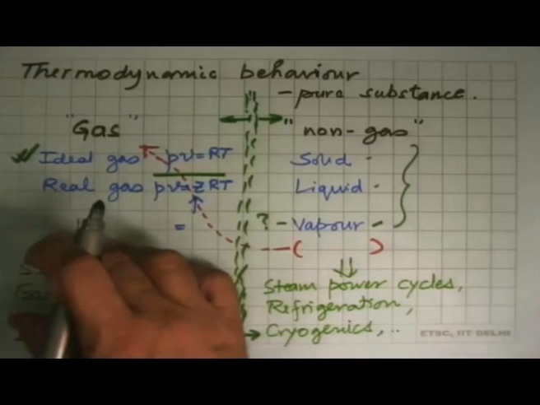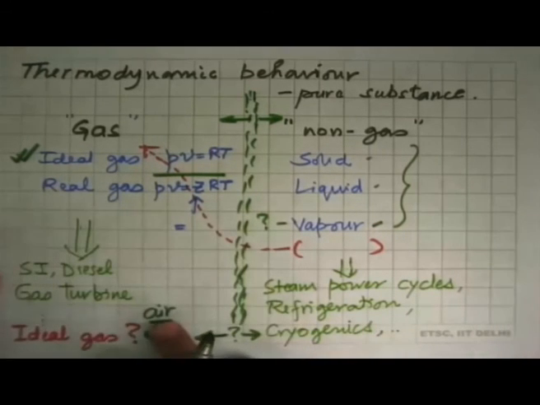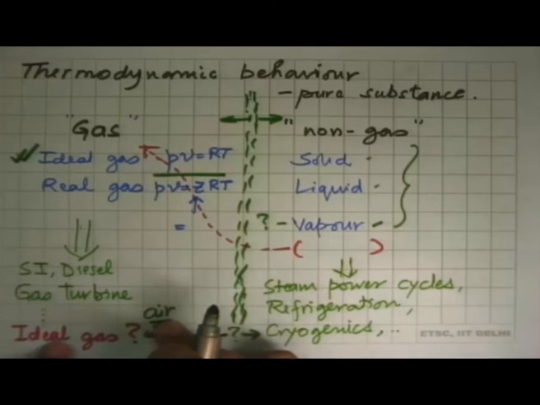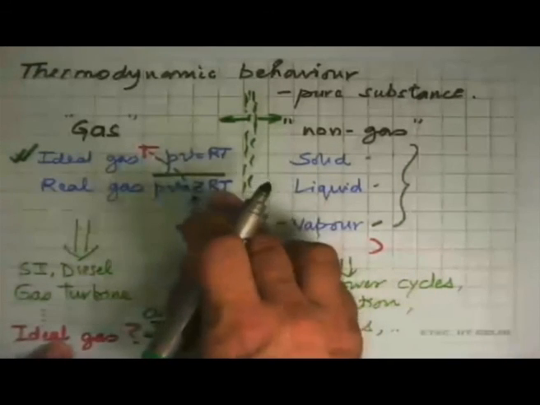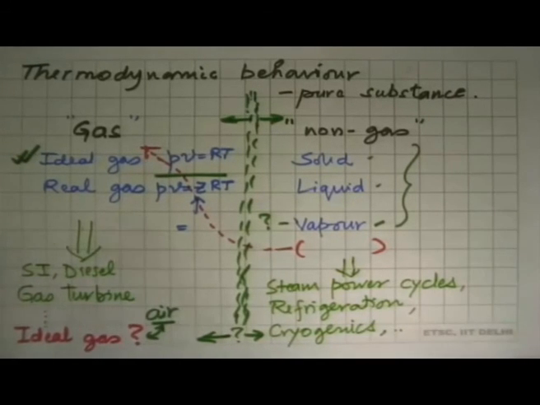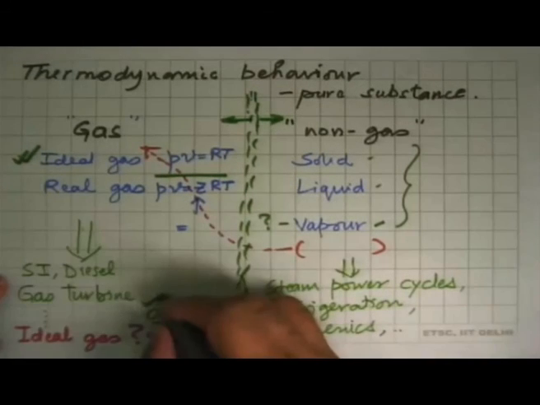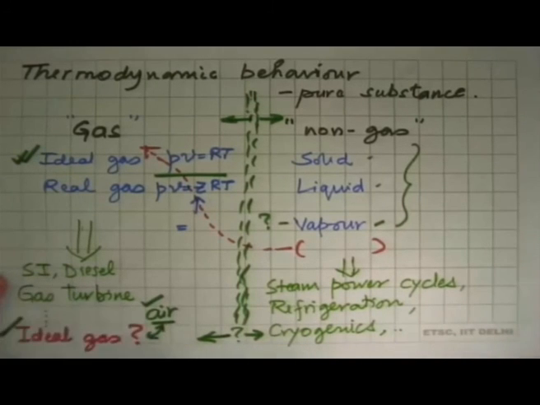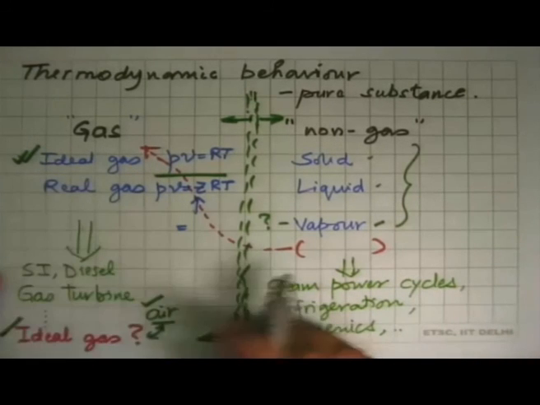In more advanced analysis, we start relaxing the fact that air is not a pure substance, it's a mixture, it is not an ideal gas. Let's start modeling it as a real gas, and then you start getting more and more the data that is in better agreement with what you see in practice. But in the beginning course, we do this. We take air as a pure substance, treat it as an ideal gas, and that gives us the handle to understand these devices.